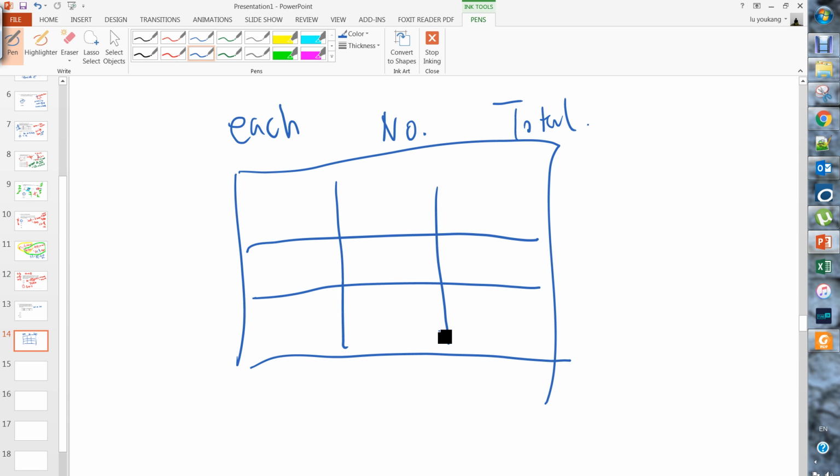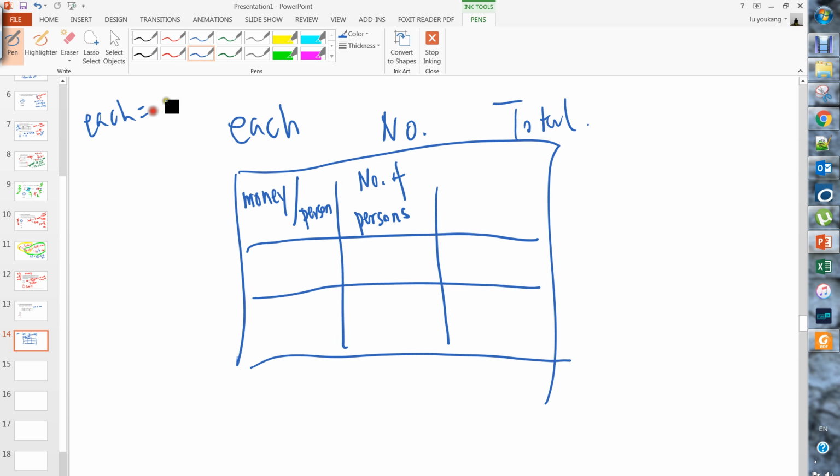Okay, so let's say each, money per child. That means the money the child can have, per person. Here is number of persons. Do you know the meaning of each?